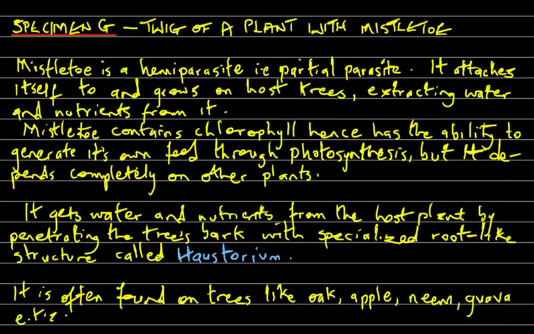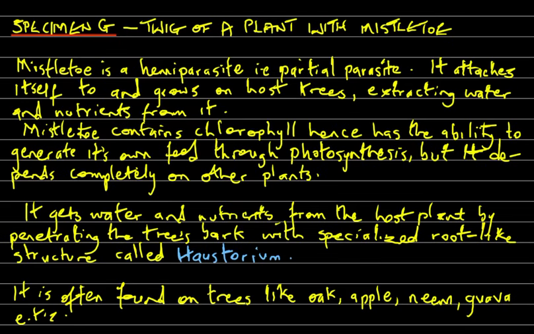This particular organism gets water and nutrients from the host plant by penetrating into the tree trunks or the bark of this host. It penetrates into the bark with specialized root-like structures called the haustorium. So it uses its haustorium to pierce through into the bark of the tree, and then it starts to derive nutrients and water from the host.